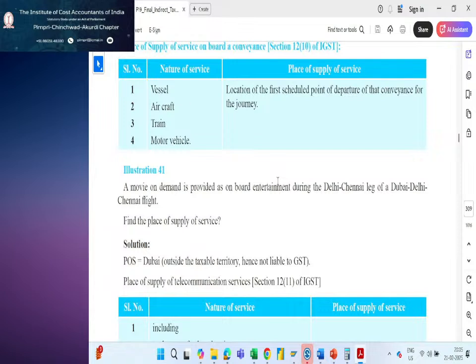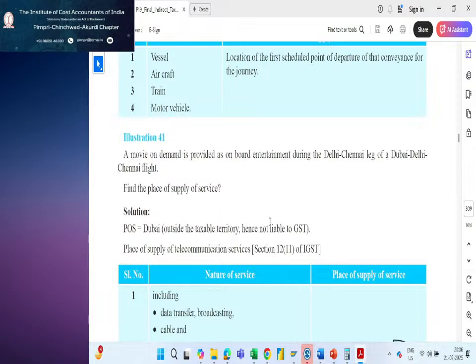It is during Delhi to Chennai leg of Dubai to Delhi Chennai flight. It started when? During Delhi to Chennai. And where it gets started, the first scheduled point of that flight from where? It is from Dubai. So which is outside the taxable territory, hence it is not liable to GST.